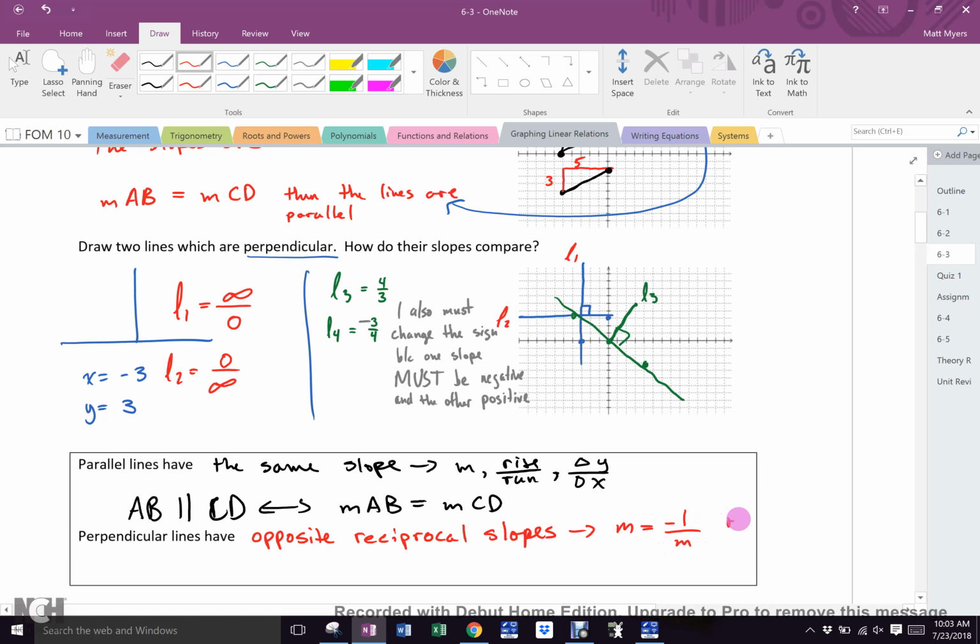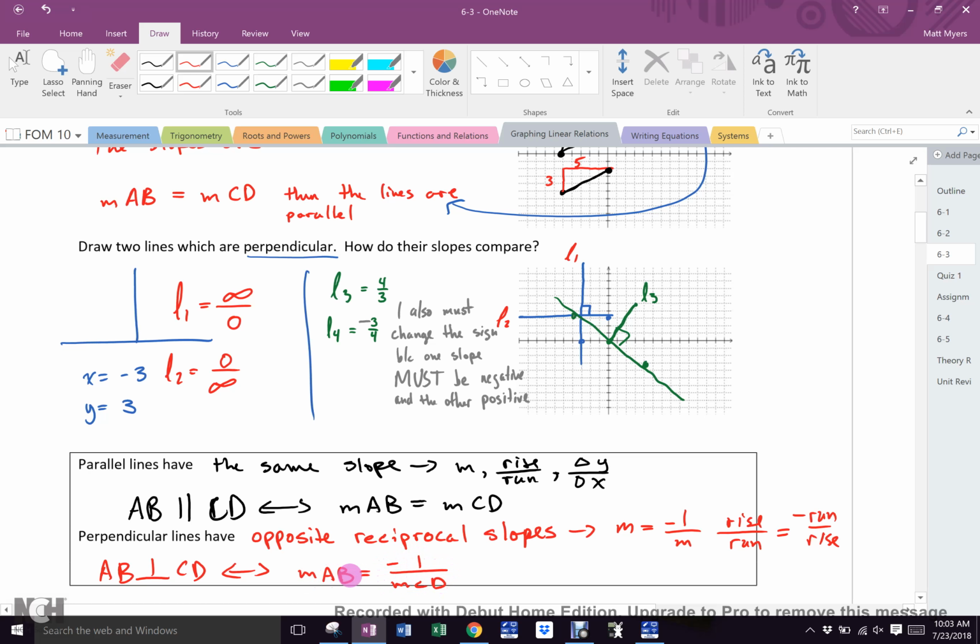So if I did rise over run for the first one, what do I do with those same numbers in the second one? Switch them to run over rise, and one of them is negative. Does everybody get it? And the way we write it out is this. AB perpendicular to CD. And that means that the m of AB equals -1 over the m of CD.